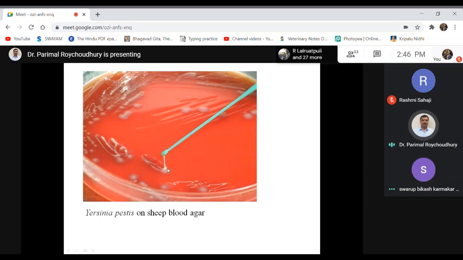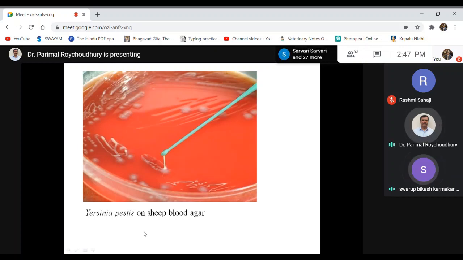They produce this kind of sticky colonies. So these kinds of characteristics are specific for certain organisms. So when we target isolation of Yersinia pestis in the blood agar, obviously we look for this characteristic, whether it is present or not. If it is present, then we can suspect that these colonies might be because of Yersinia pestis.